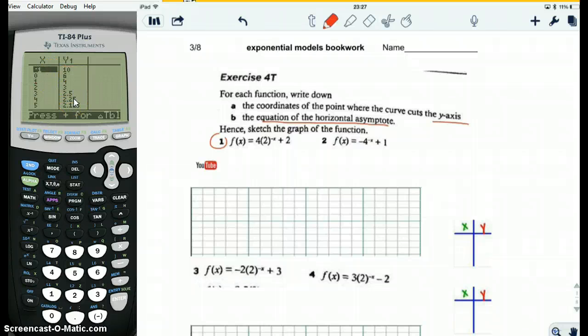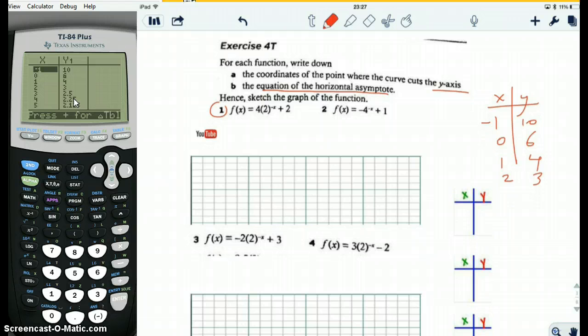So negative 1, 10; 0, 6; 1, 4; 2, 3. Let's see. So I'm just going to draw the x and y axis.